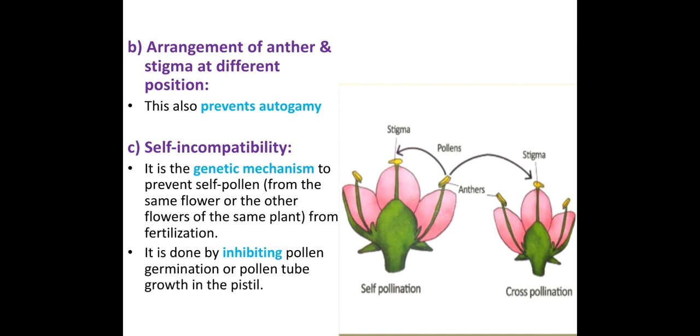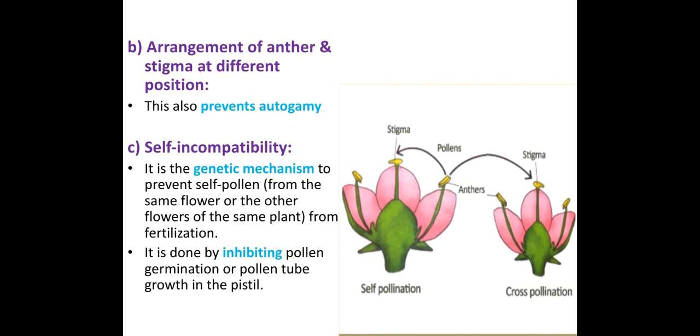You know that after pollination the fertilization will occur. For fertilization to happen, the pollen which has fallen on the stigma has to germinate. After germination the tube formation occurs, and that pollen tube has to reach the ovary.